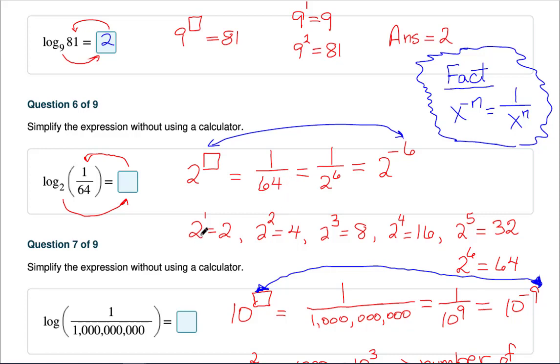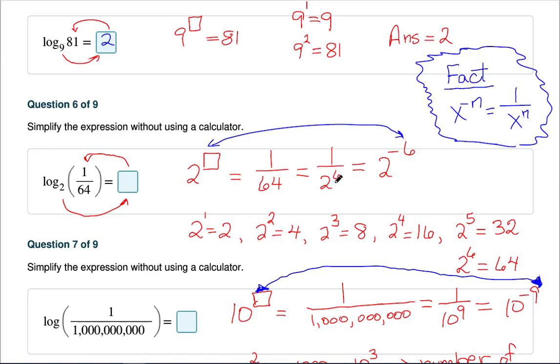Let's see, 2 to the 1 is 2. 2 times 2 is 4. 4 times 2 is 8. Let's see, that's 3 2's. 8 times 2 is 16. That's another 2. 16 times 2 is 32. That's 5 2's so far. And 32 times 2 is 64. And so there, that is 2 to the 6th.